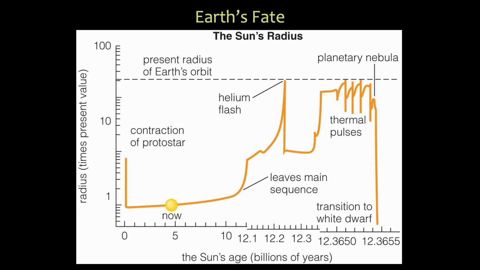This chart shows similar information, but in terms of the size of the sun, or its radius. And it looks very similar to the luminosity chart in the previous slide because size and luminosity are closely related, but not exactly. But in the case of our sun, it's very straightforward, nothing too complicated. That's why they look very similar, okay?